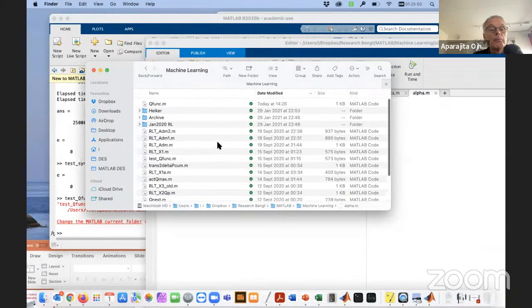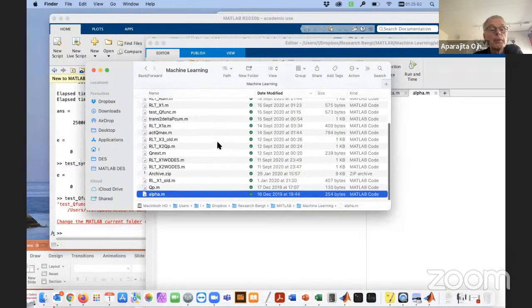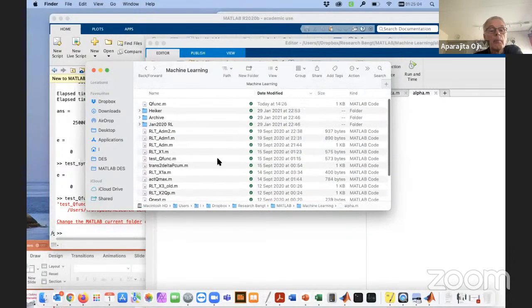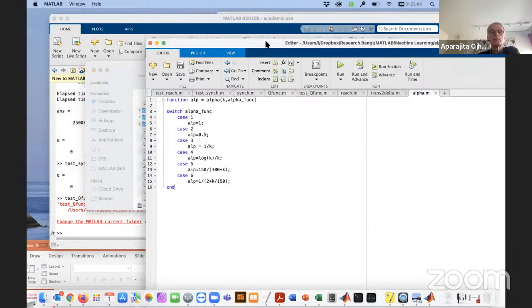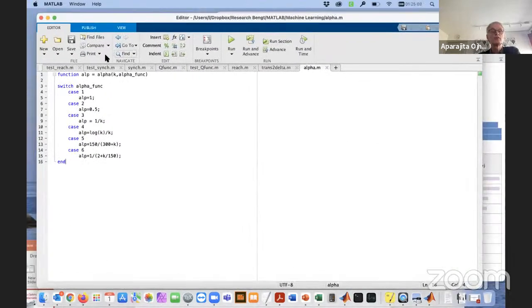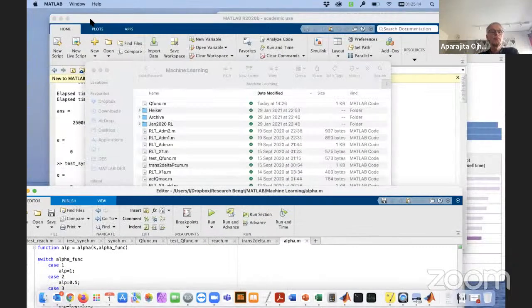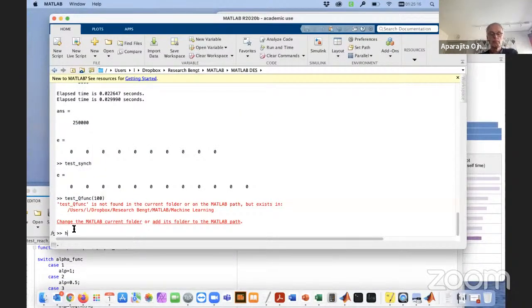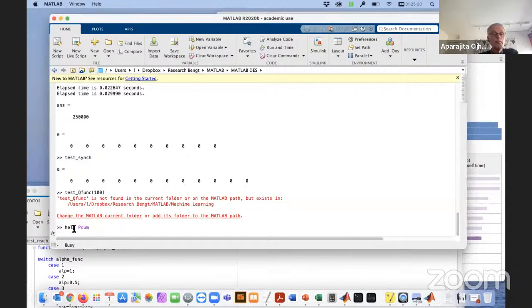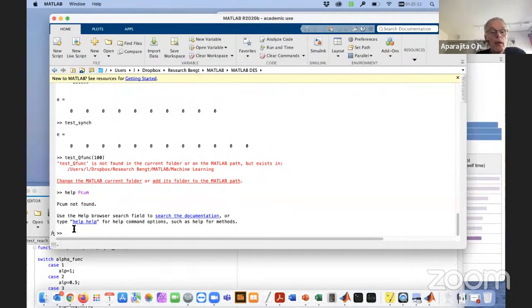Then this PQM. Okay, it looks like PQM is a built-in MATLAB function. Let's see. Yeah. Or?